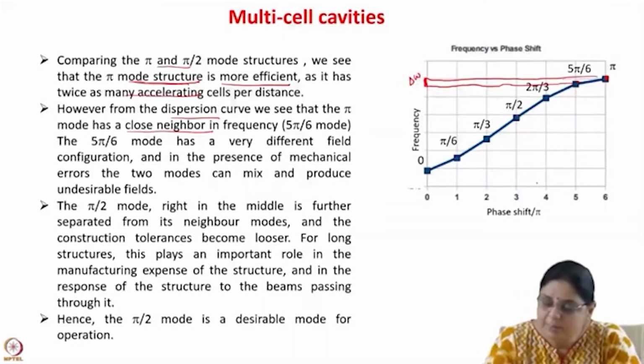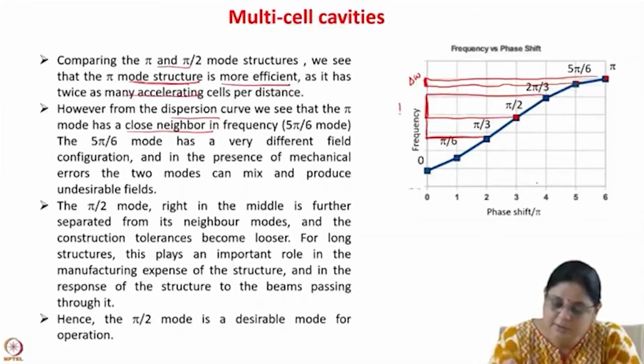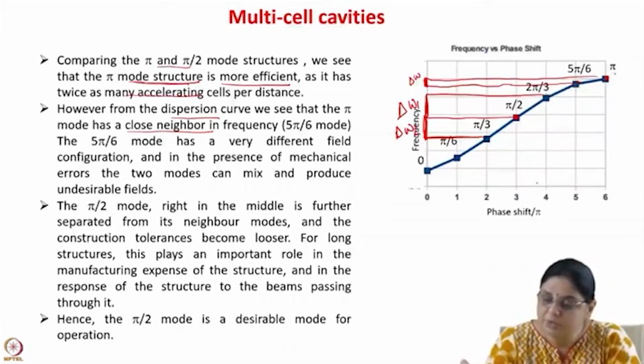Now compare this with the pi by 2 mode. The frequencies of the neighboring modes, delta omega 1 and delta omega 2, are quite large as compared to the frequency difference from the adjacent modes for the pi mode.